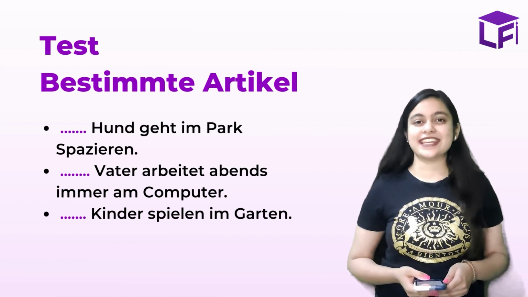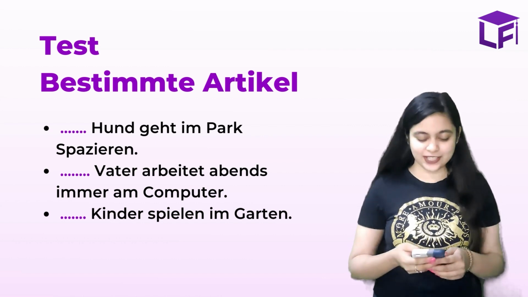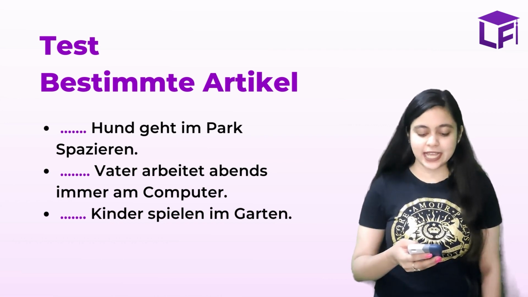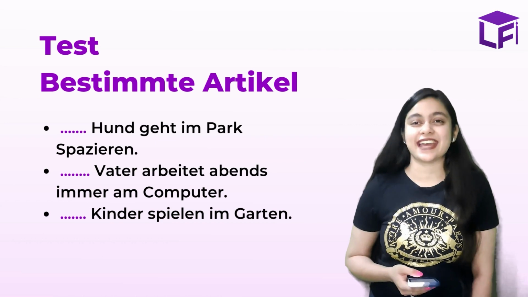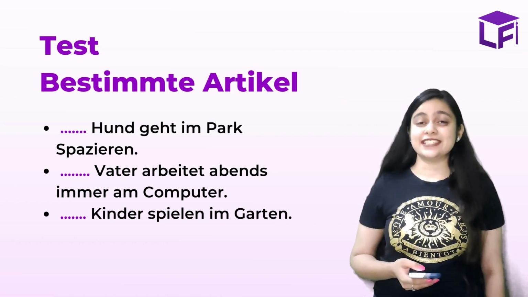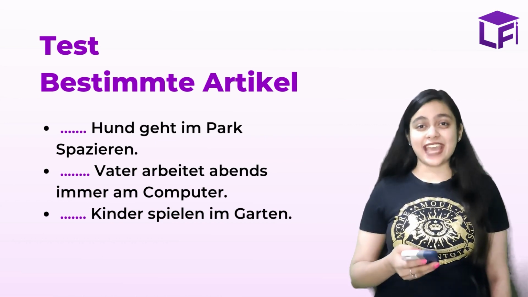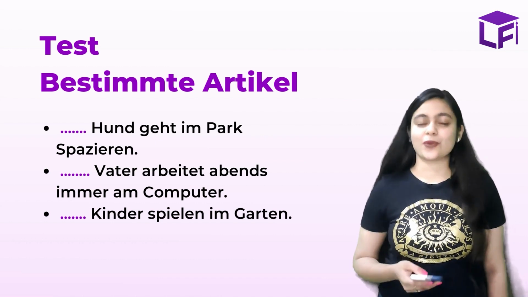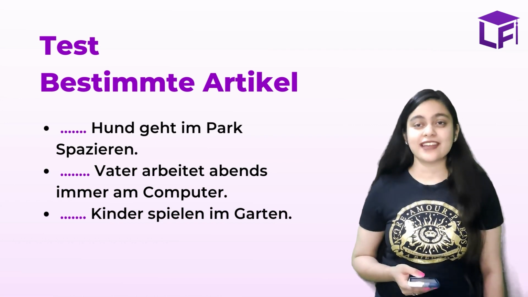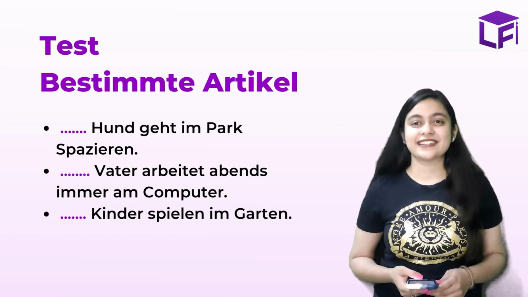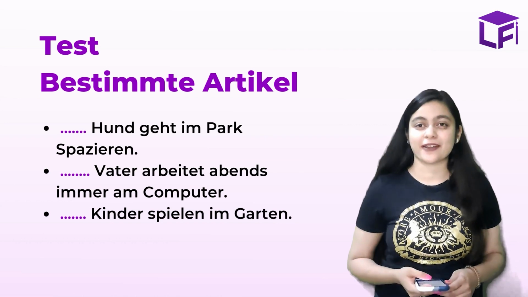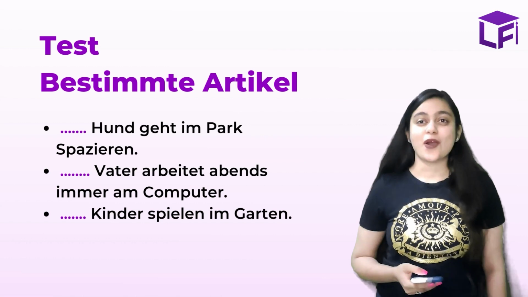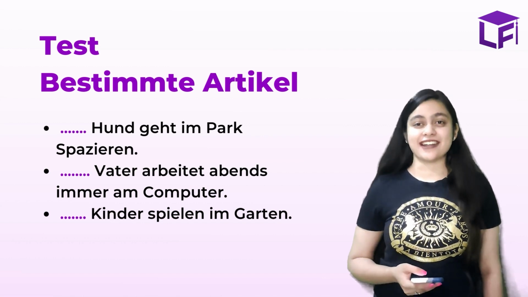The first one is this for you guys. The question says, dash Hund geht im Park spazieren, which means the dog is going for a walk in the park. Don't forget that you have to place the bestimmte article, the definite article.